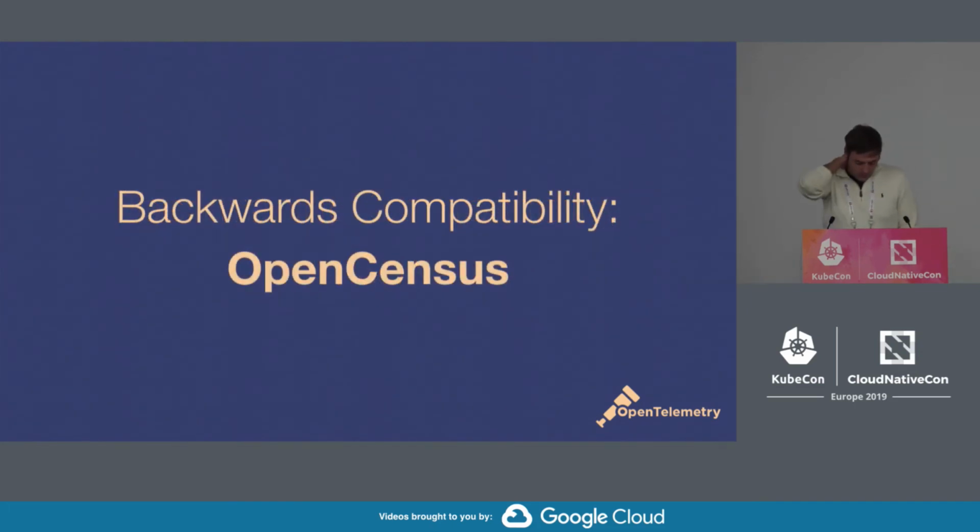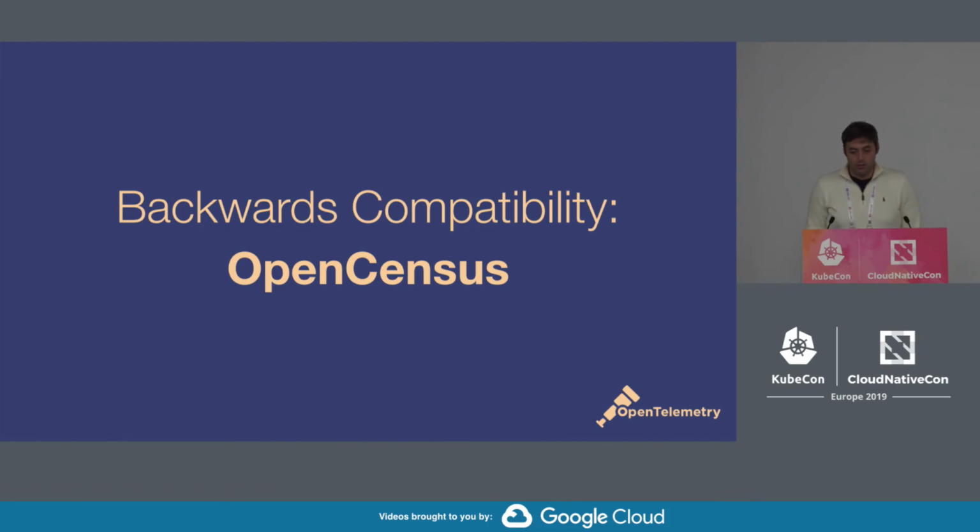I'm going to present from the OpenCensus perspective what we're going to do for backwards compatibility and how we would support our current users. What we will do is going to be a bit different than OpenTracing. We probably are going to do a more aggressive transition of our users.